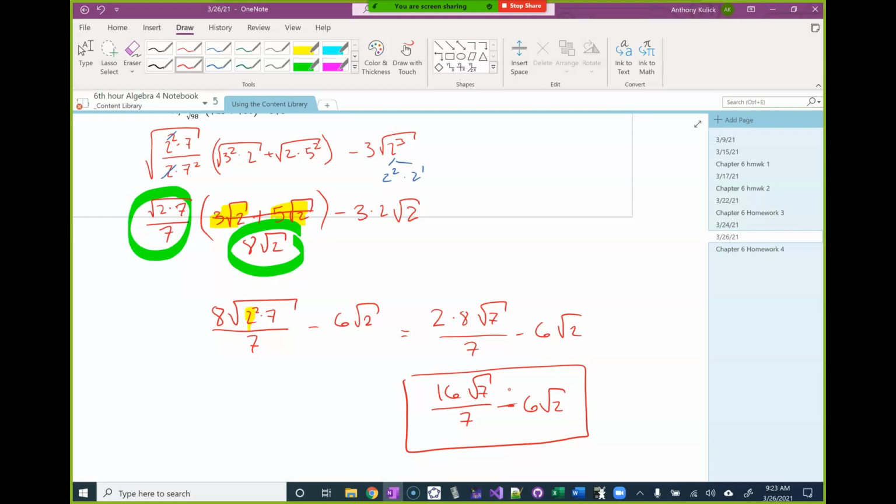But I don't really think it's making anything any better for us, so I would stop here if it were me. But if you wanted to call that 16 root 7 minus 42 root 2 all over 7, that's okay too. You know, not wrong. Does that feel all right, Ben?